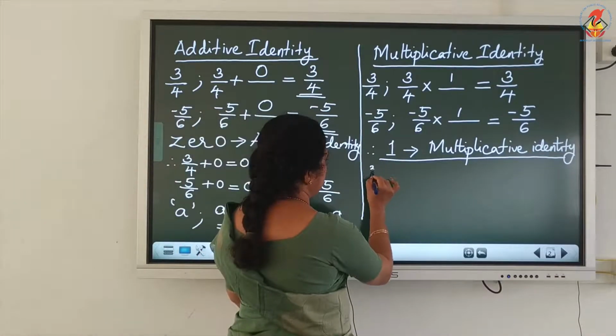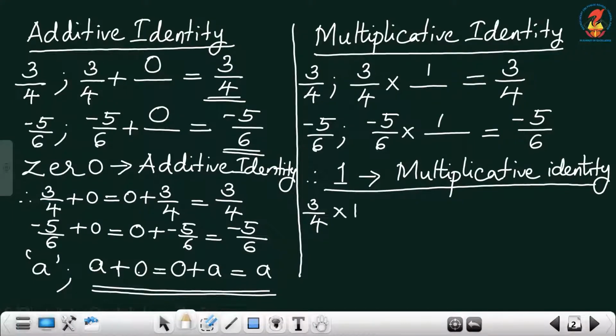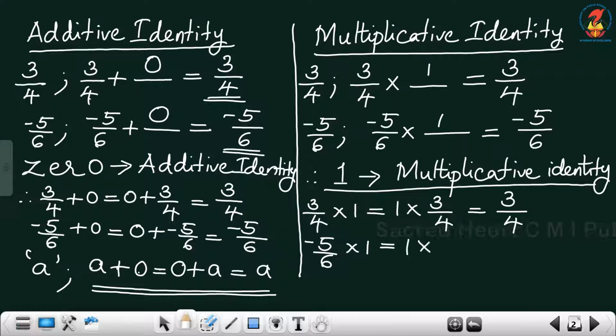Then here also we can write 3 by 4 into 1 is same as 1 into 3 by 4, which is equal to 3 by 4. Similarly, negative 5 by 6 into 1 is equal to 1 into negative 5 by 6 is equal to negative 5 by 6.